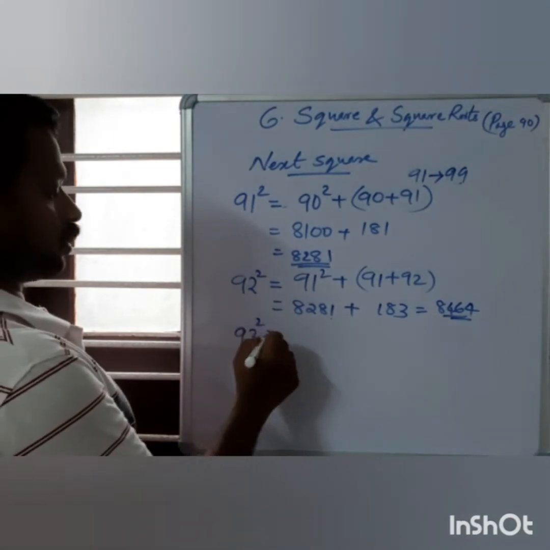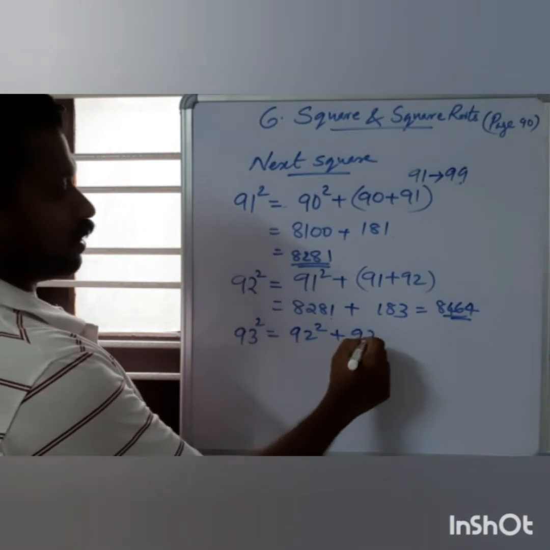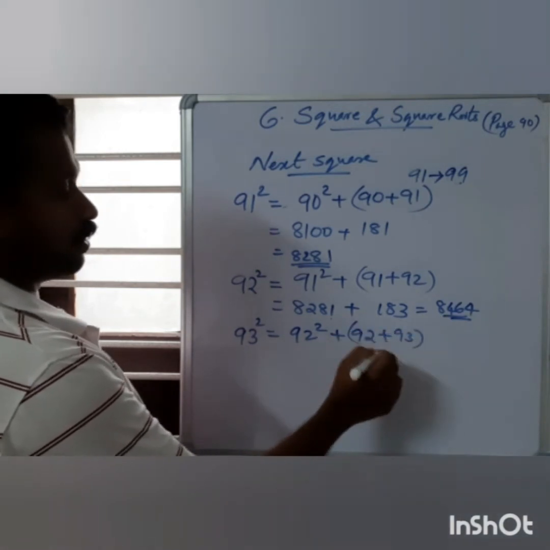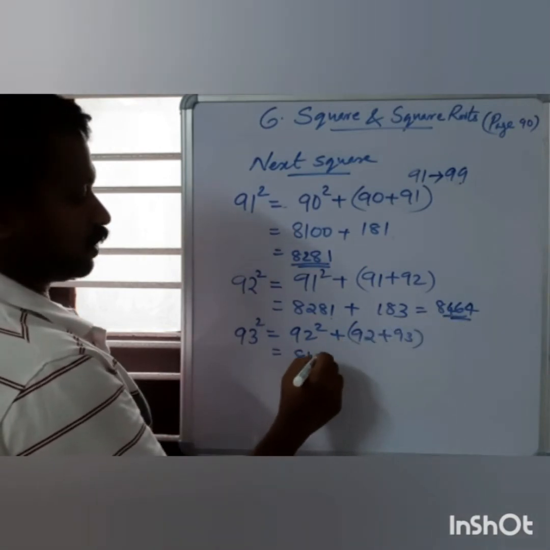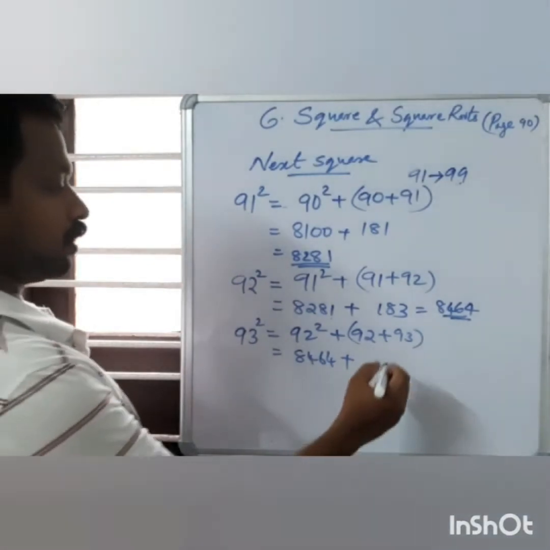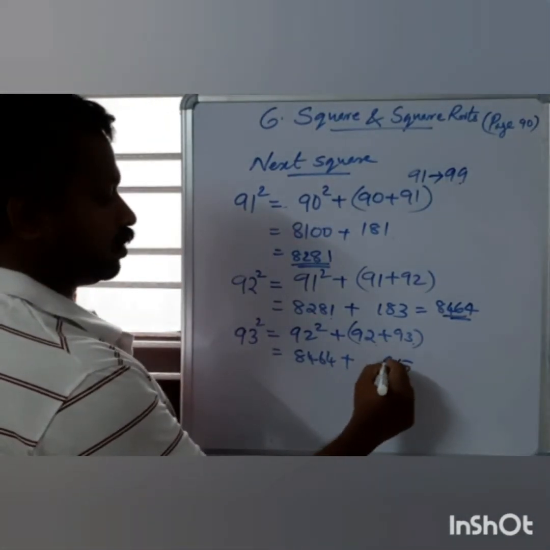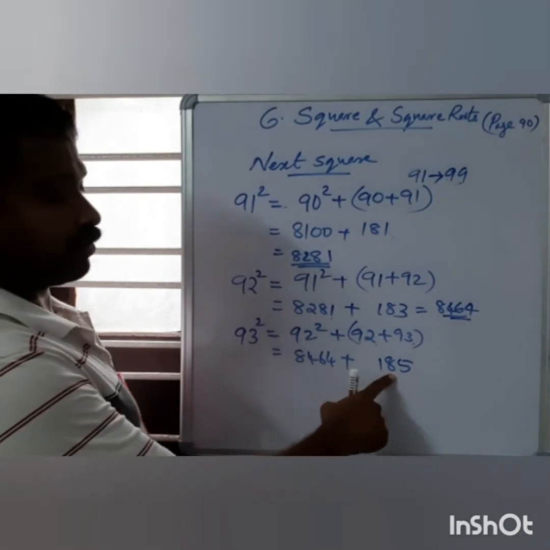Same like the next one. 93 square is equal to 92 square plus 92 plus 93. So 92 square you already found out, 8464 plus 92 plus 93. That is 185.